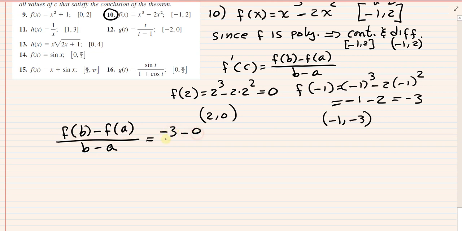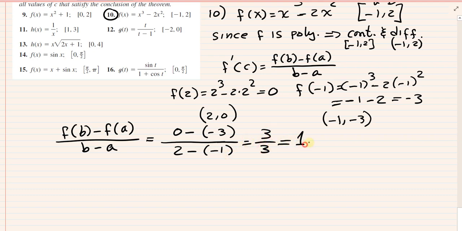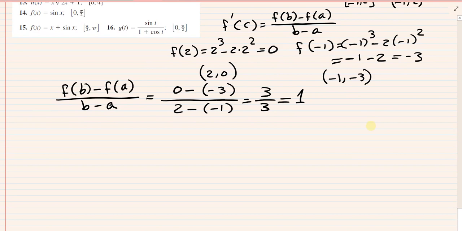I'm doing b minus a, it doesn't matter. So that's going to be f at 2, which is 0, minus -3, over 2 minus -1. That's going to be 3 over 3 or 1. That's the slope of a secant.